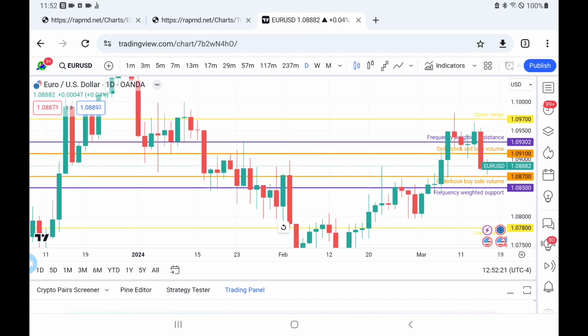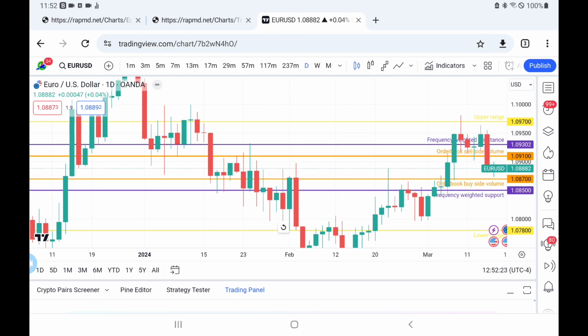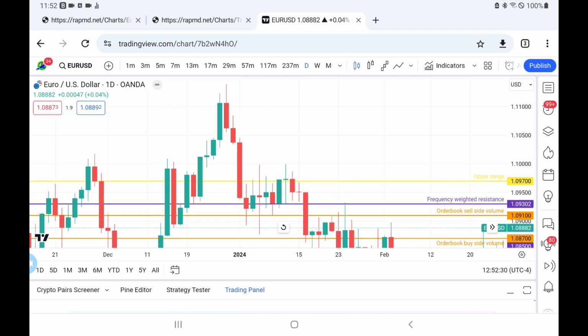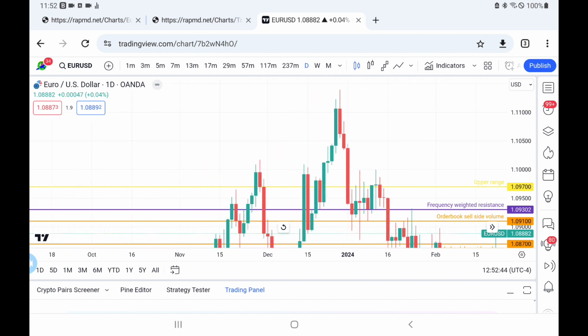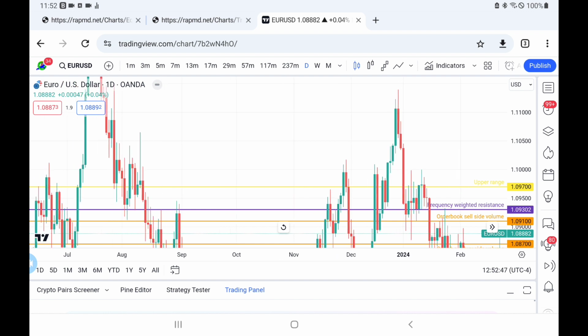Though if we look back far enough, for the beginning of 2024, for example, we can see where the market did indeed go above the yellow upper range for a short time before it retraced back into this range. But we can see, though, as we progress, that the market has stayed within a reasonable level, going all the way back to July to August of last year.